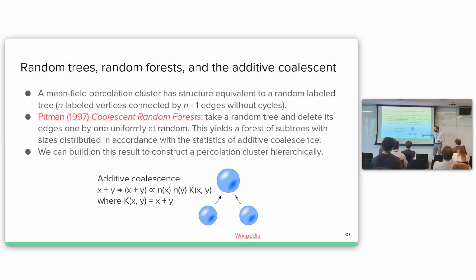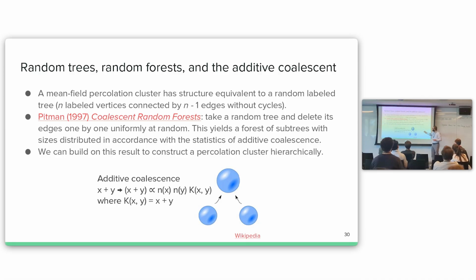Here, if you have a bunch of, say, droplets, and they merge one by one with a probability proportional to the sum of their sizes, that's additive coalescence. In general, you could have coalescence with any arbitrary kernel. And if you have this merger process, this will give you a binary merger tree.